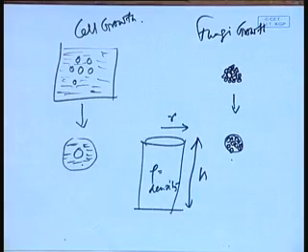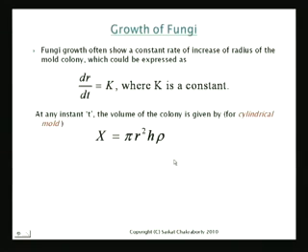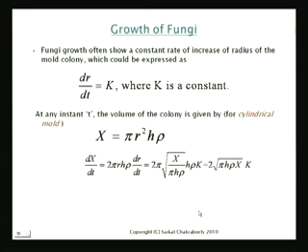Now dx/dt, since the height is not increasing, would simply depend on the increase of the radius of the mold. So we differentiate both sides and you get 2 pi r h rho times dr/dt.